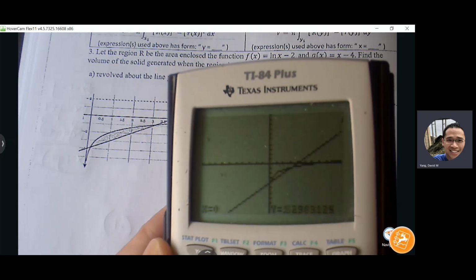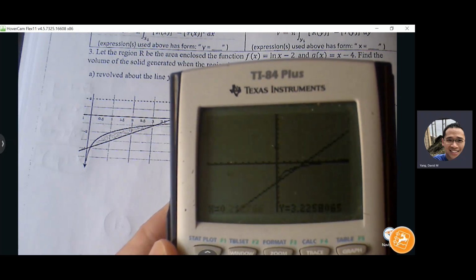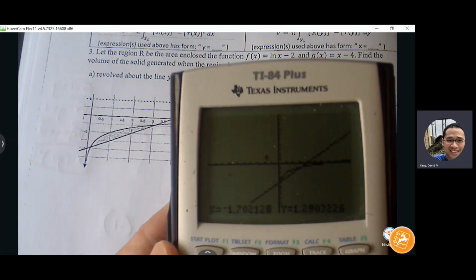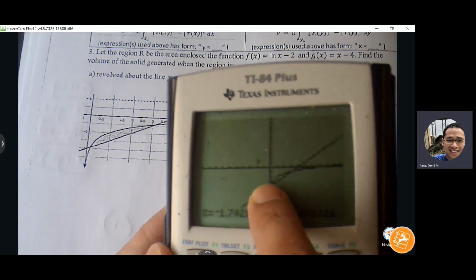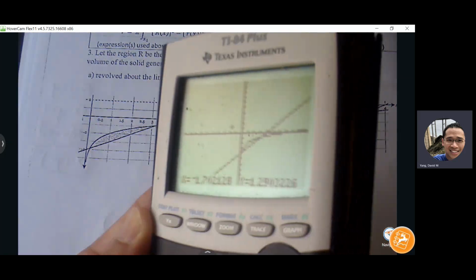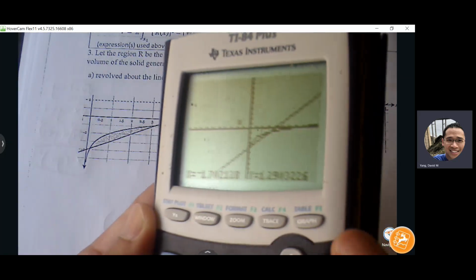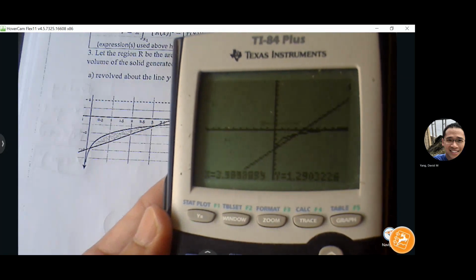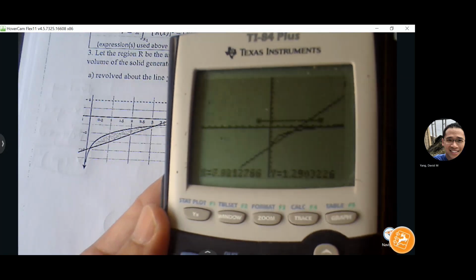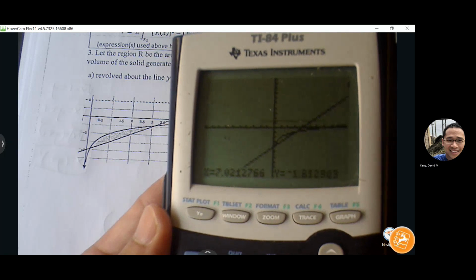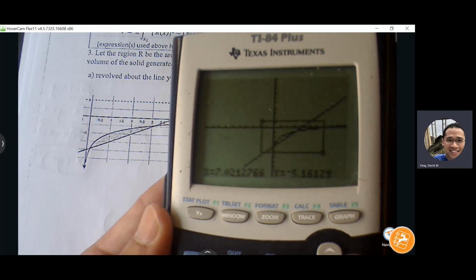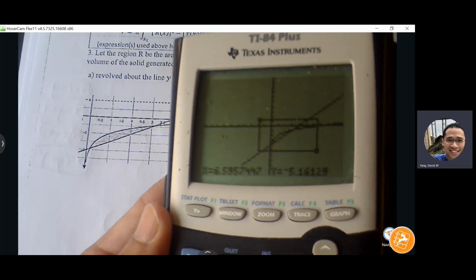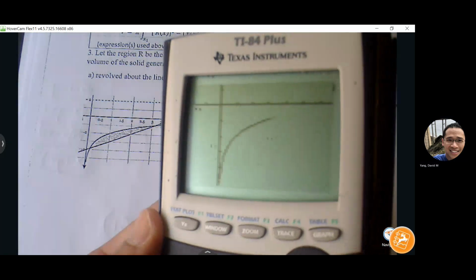I'm going to move to where I think is the upper corner of the region that I want to look at. It's a good place, I think. Hit enter. Scroll over to the right. Scroll down till you get that enclosed region on its own. Easier for you to see.